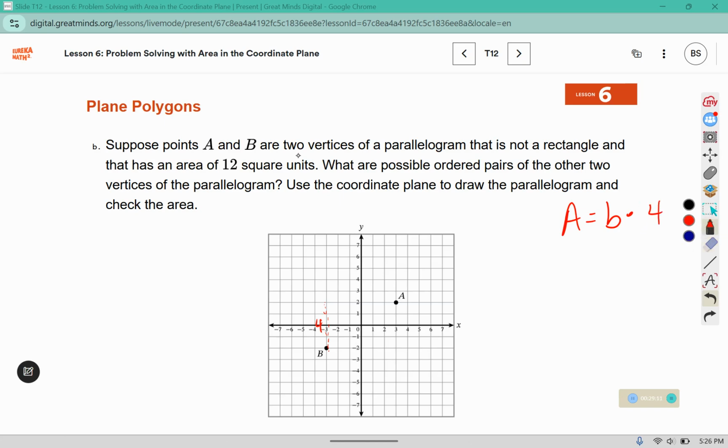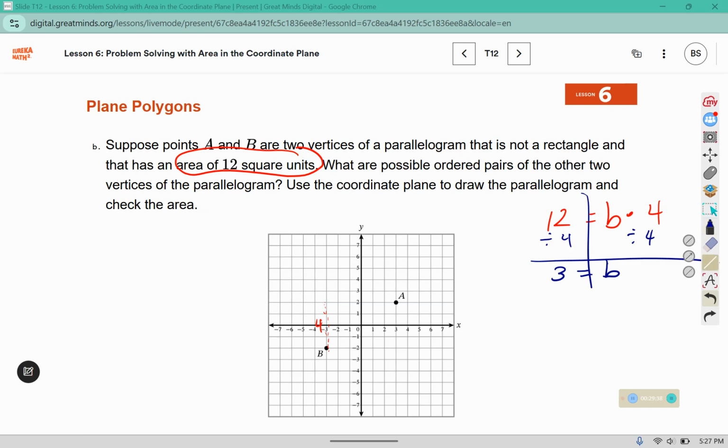We were told in the problem that our area was 12 square units. Right now, b is being multiplied by 4. So to solve for b, I would divide both sides of my equation by 4. 12 divided by 4 is 3. b times 4 divided by 4 is b, which means my base needs to be 3 wide.